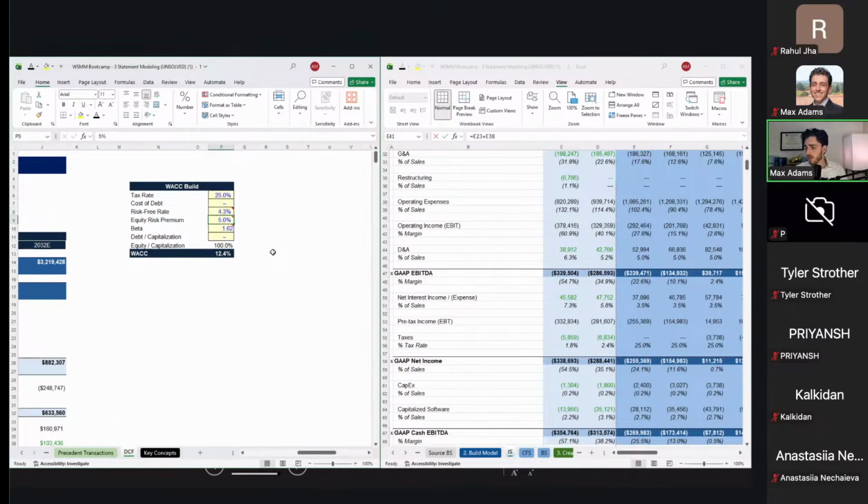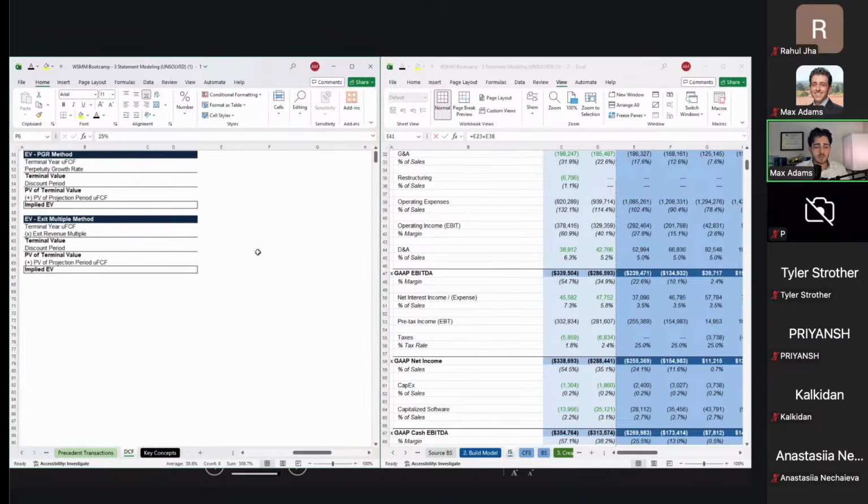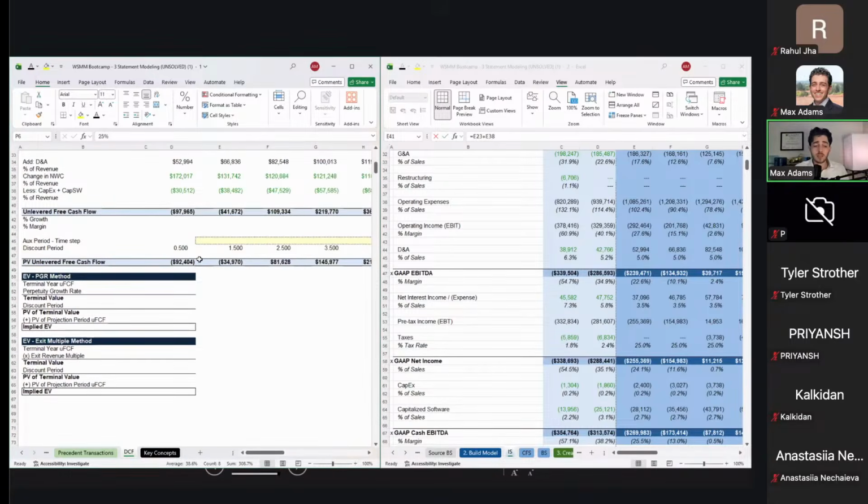And then we've got the risk premium, which comes from a source called Kroll, K-R-O-L-L. And then we've got beta, which comes from like Capital IQ or Bloomberg or something like that. I'm not going to get too much into how to calculate the WACC because that's covered extensively in other videos and guides. But that gets you your discount rate that you then discount back the free cash flow.